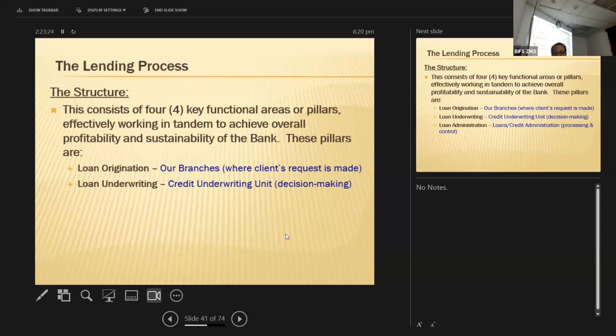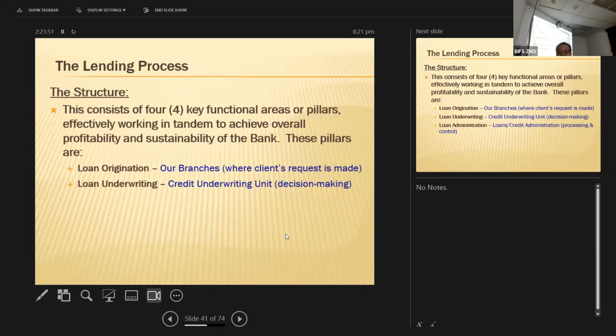Okay, so I'm painting a broad picture, and it's 4 key functional areas. Again, depending on your bank, if it's very large, you may have more people who can deal with it. If it's a small bank, you may find more of the decisions are at the branch level, or it could be vice versa. Again, it depends on the decision-making structure in a financial institution.